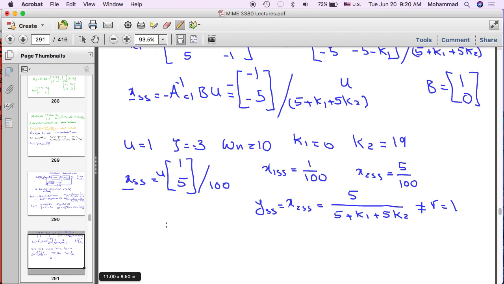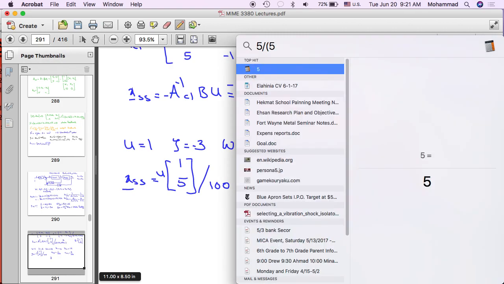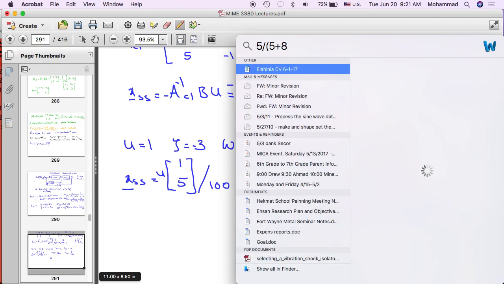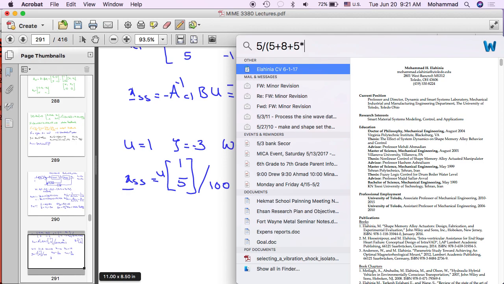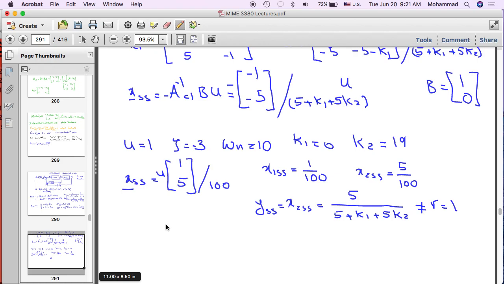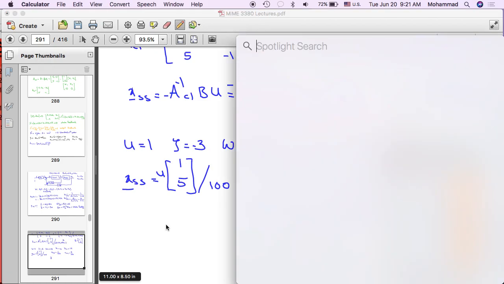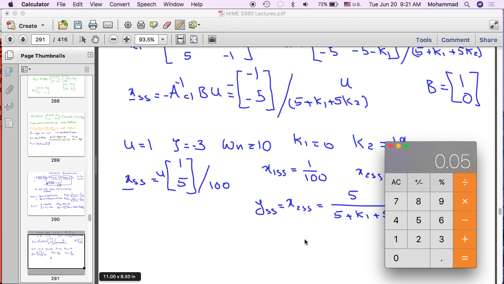So K1 was 8. So y steady state is 5 divided by 5 plus 8 plus 5 times 17.4. So it's 0.05. It just so happened that with these two numbers, we still get 0.05.